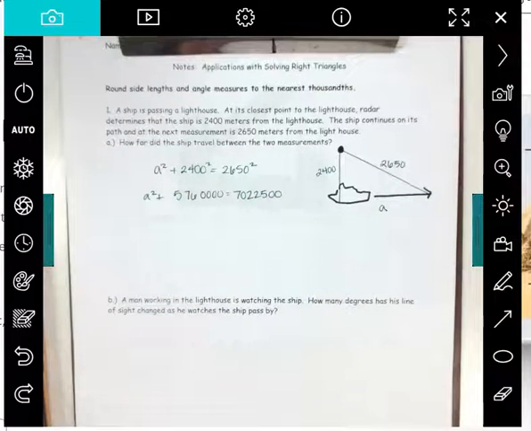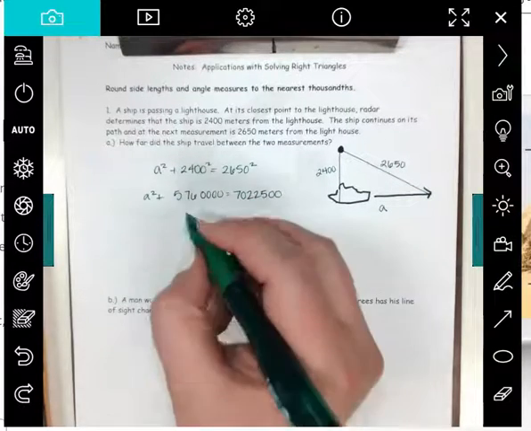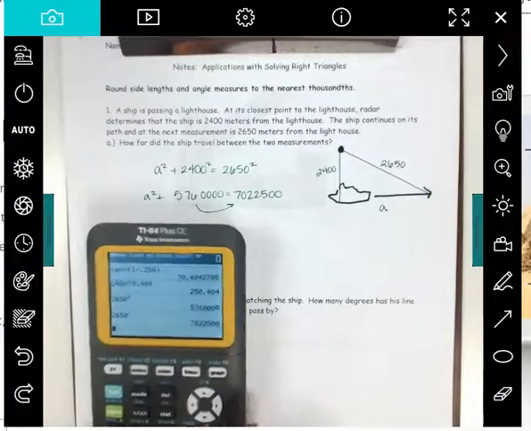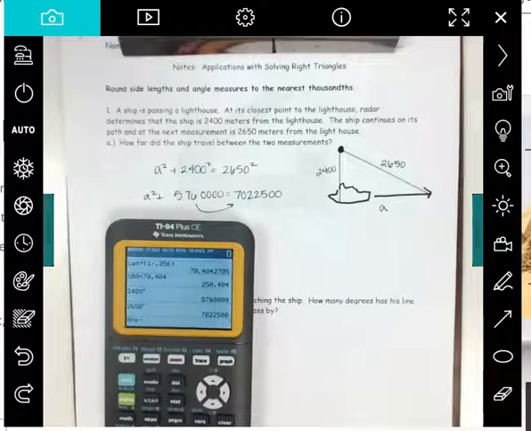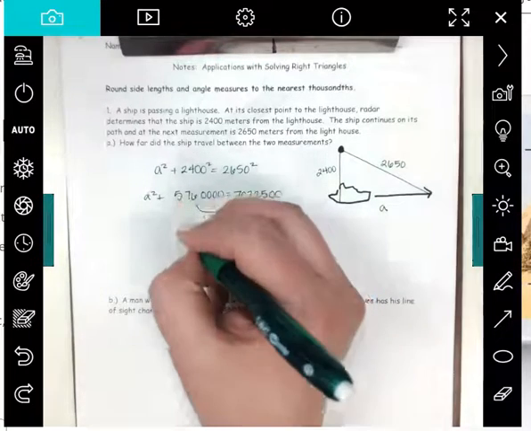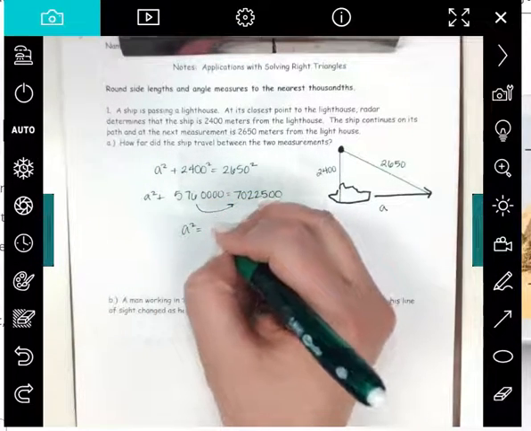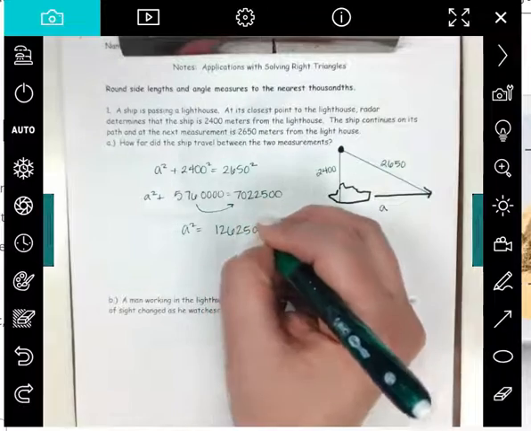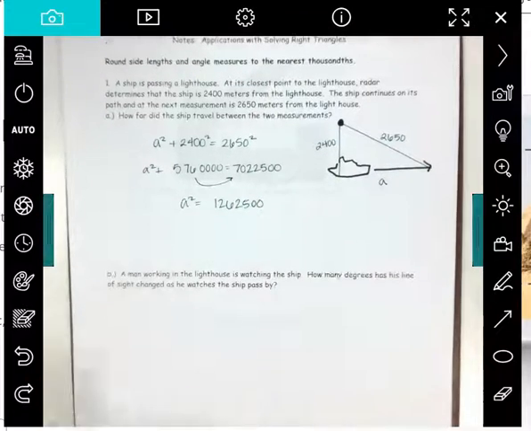What do I do from there with those two numbers if they're on opposite sides? Subtract that number across. So I'll minus the 576, 1, 2, 3, 4 zeros. Okay, I got a squared equals 1262500. Then what's my last step?